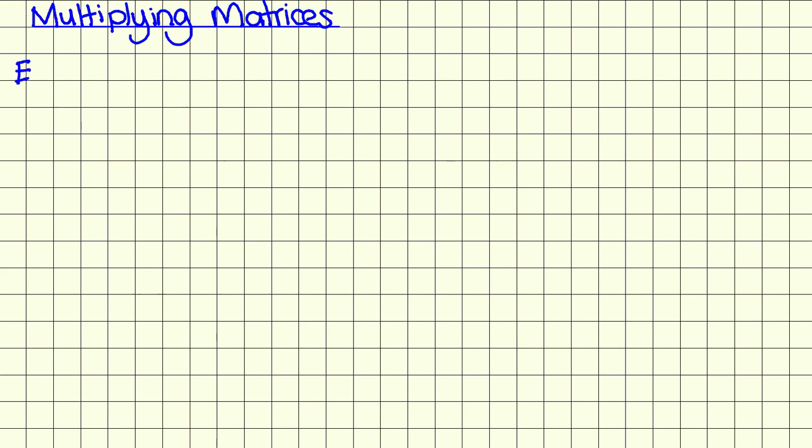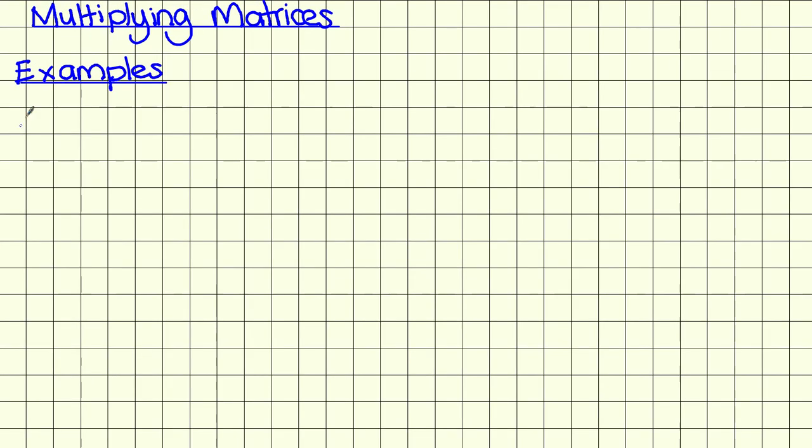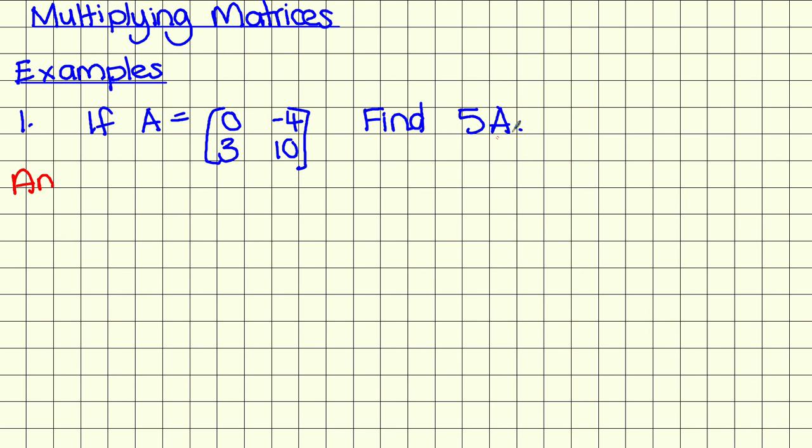Let's write in examples. Number 1. If A equals 0, -4, 3 and 10, find 5A. What we're looking to do in this question is to multiply that full matrix by 5.